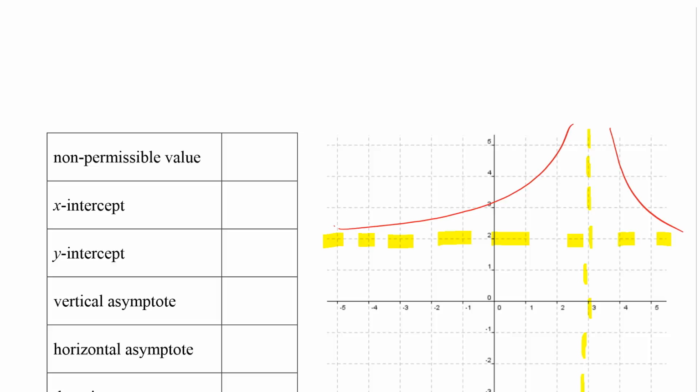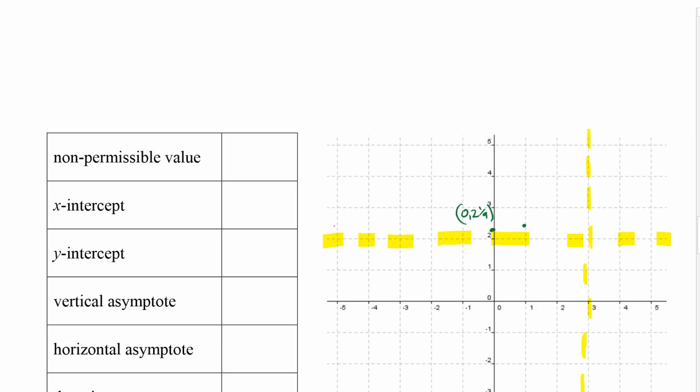When x is 0, here I'll erase my previous mess. When x is 0, y is equal to 2 and 1/9. So here I'll put 0, comma 2 and 1/9. When x was equal to 1, then I had 2 and a quarter.